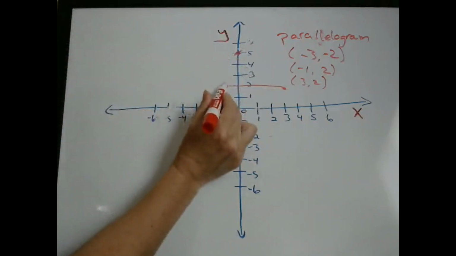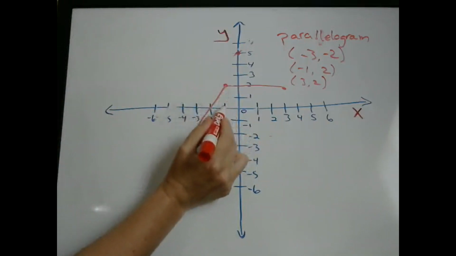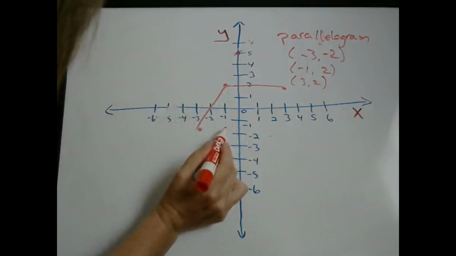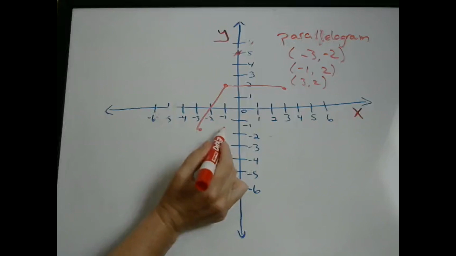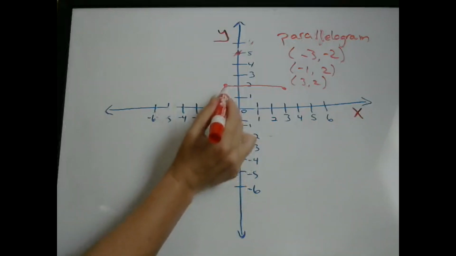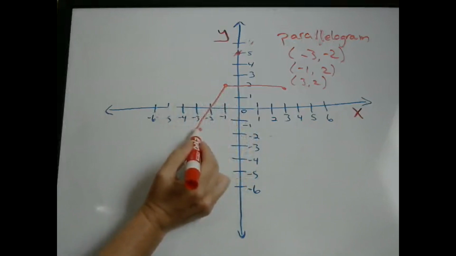So to get from here to here, we went down 1, 2, 3, 4, and then we went over 2. 1, 2. So we went down 4 and to the left 2.